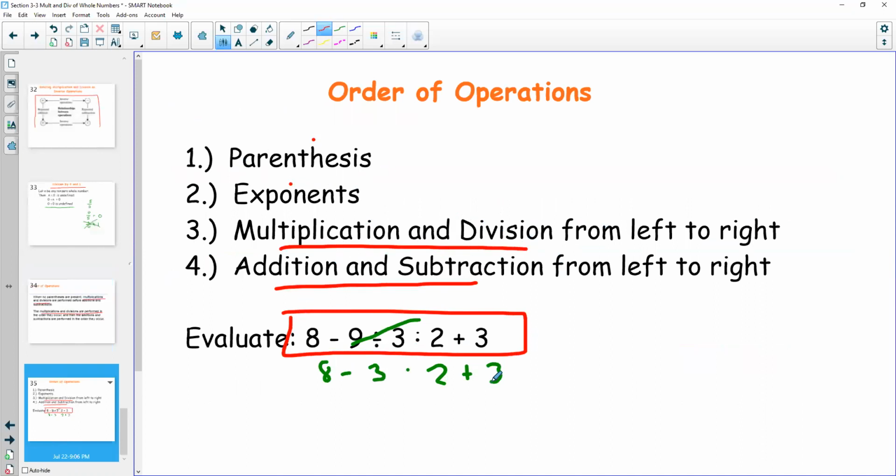You're going to multiply. So 3 times 2 is 6. And now what are you going to do? Addition and subtraction from left to right. So 8 minus 6 is 2. 2 plus 3 is 5. So if you didn't get 5, make sure you follow along, because this will not be the last time we see order of operations. There will be more.